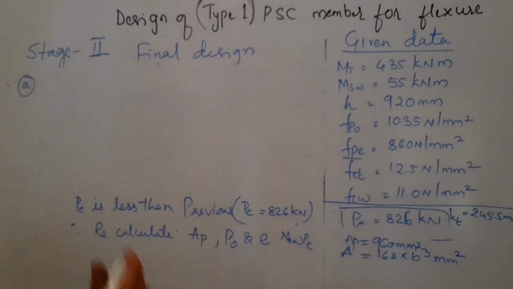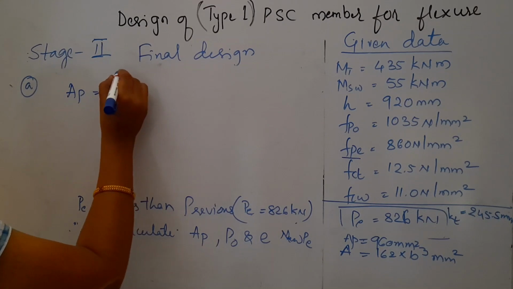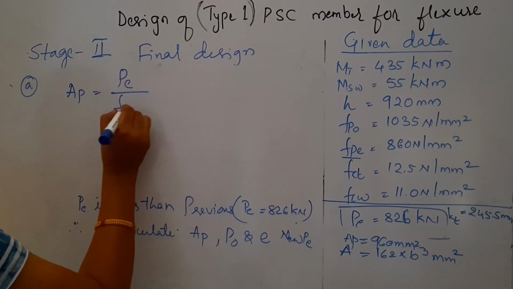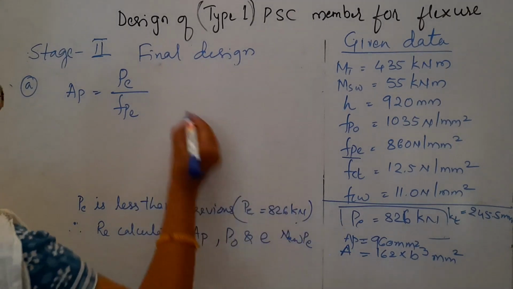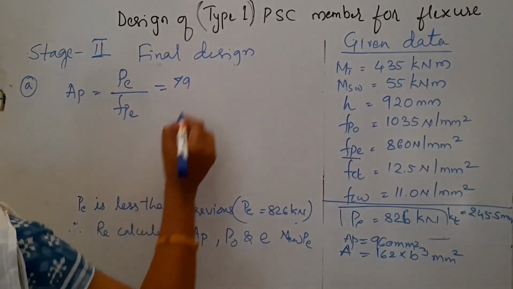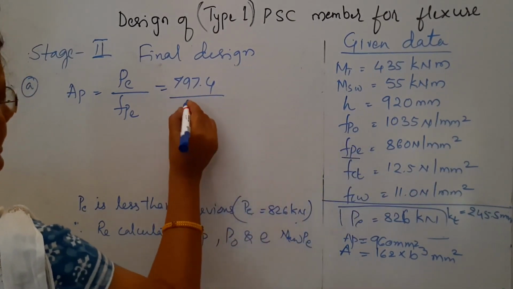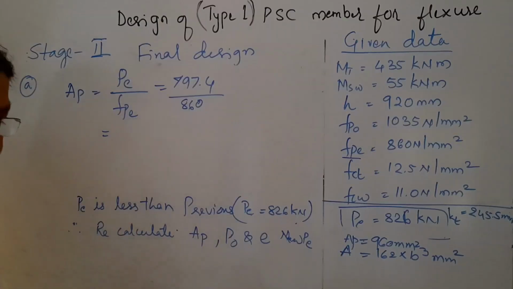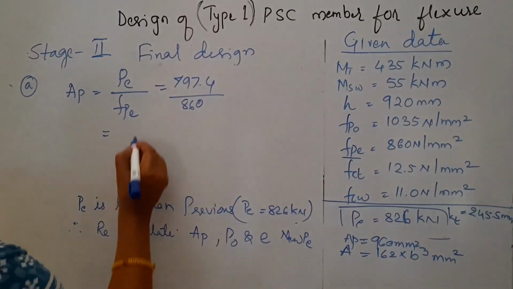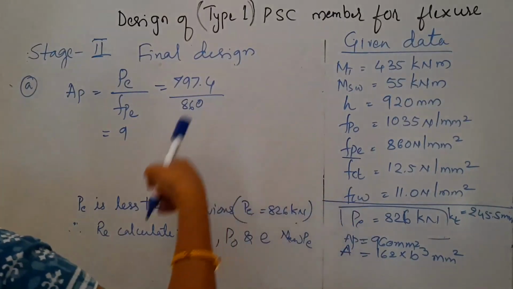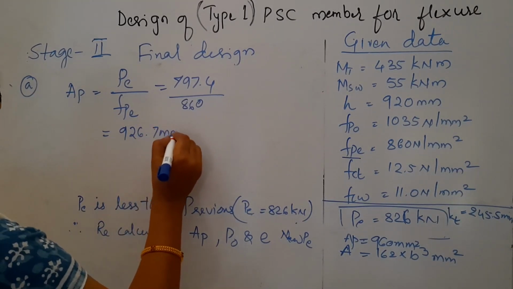Therefore, now we have to calculate the area of steel, that is force divided by FPE, force divided by stress. The new value which we have calculated, 797.4, we are taking instead of this, and FPE is 860. The area of steel now comes to be 926.7 square millimeter. Previously it was 933, 960 and 930, and here it is 926.7 square millimeter.